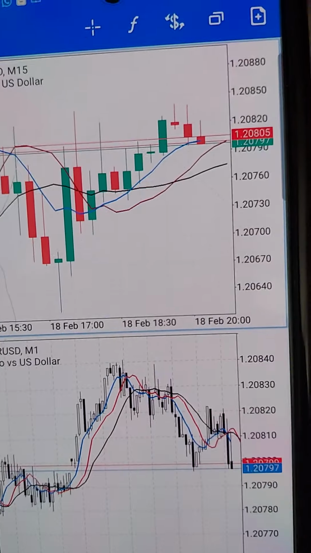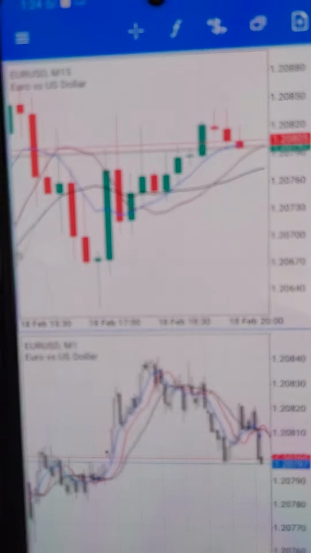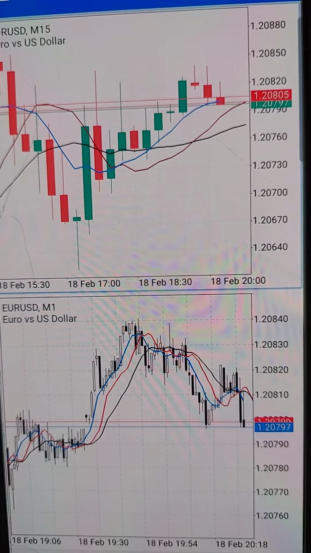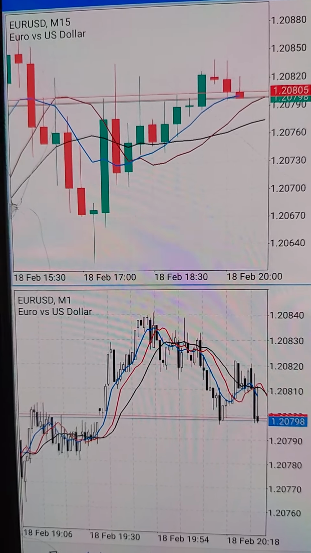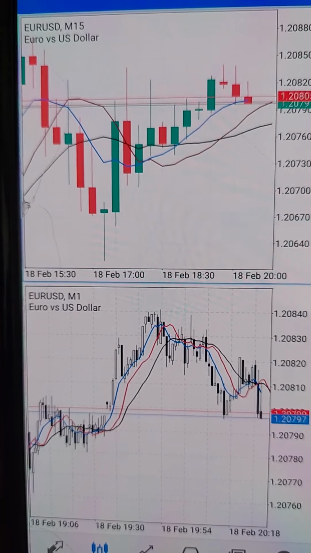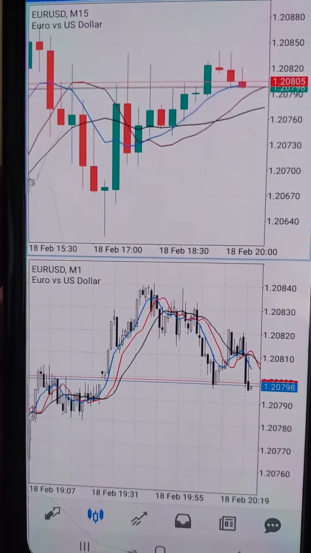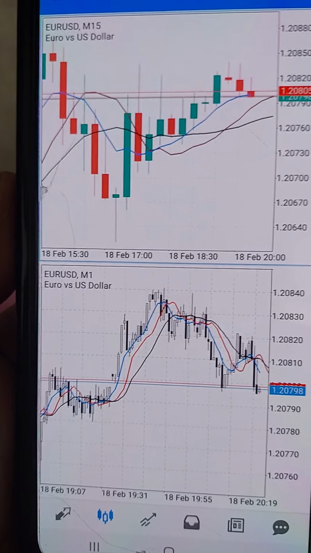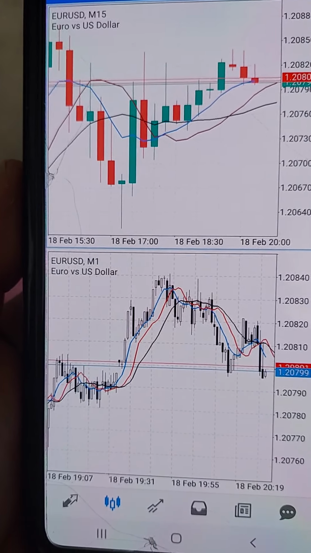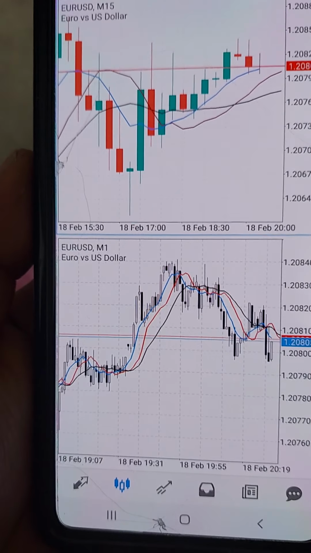You can tell what I told you. The 15 minute, they took it long. So they tried to get the traders to go long. But once traders go long, they reverse and go short. The banks are really, really smart.